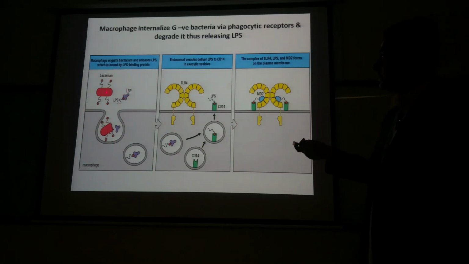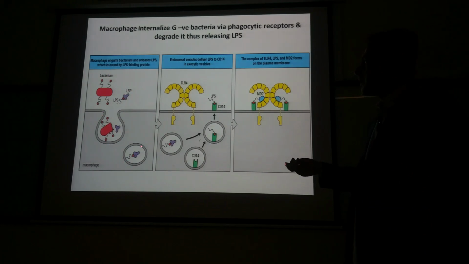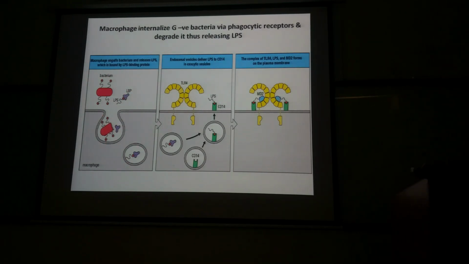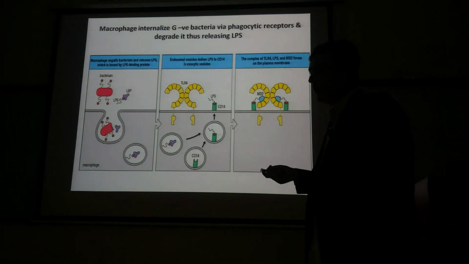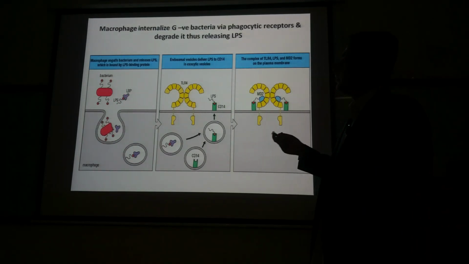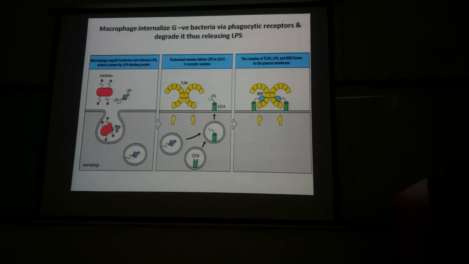And what is the purpose of taking this gram-negative bacteria inside? The purpose is to degrade it, okay, and release different constituents of this particular bacterium, which would include the lipopolysaccharides as well. Lipopolysaccharide is part of the wall of gram-negative bacteria. It's most abundant there, okay?